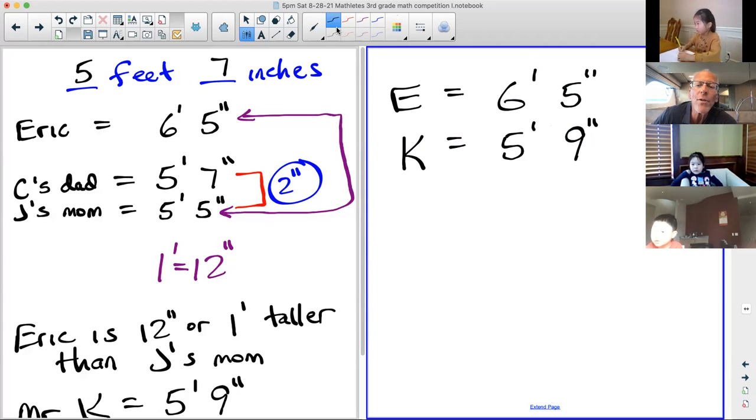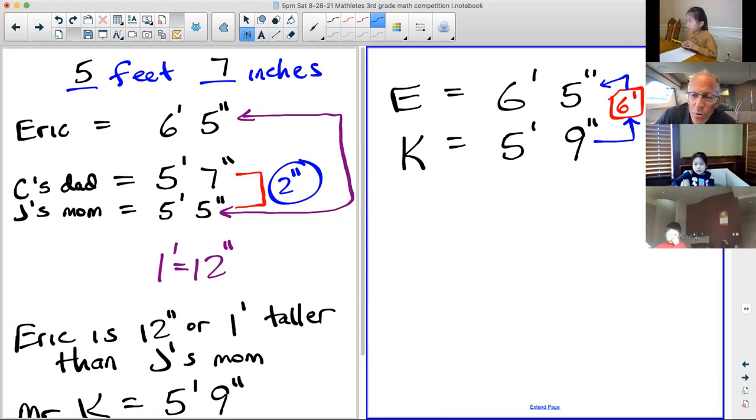And what I want you guys to do is use 6 feet and think of how far do I have to go from 5 feet 9 to 6 feet, and from 6 feet to 6 feet 5 inches. You can answer either of those questions.